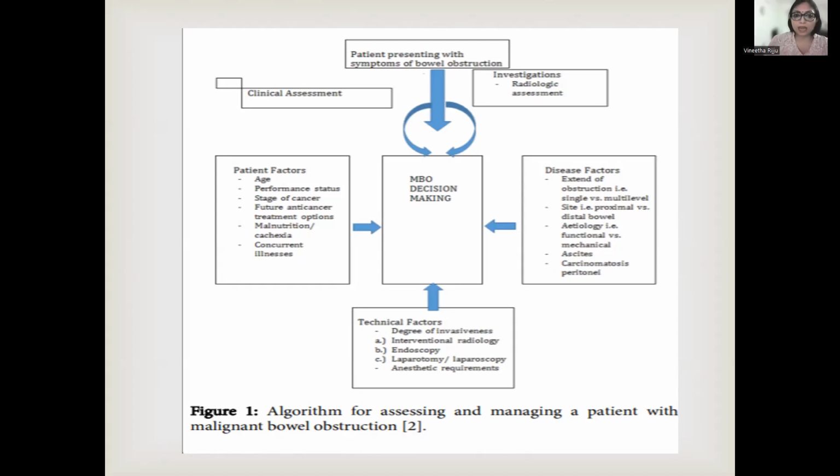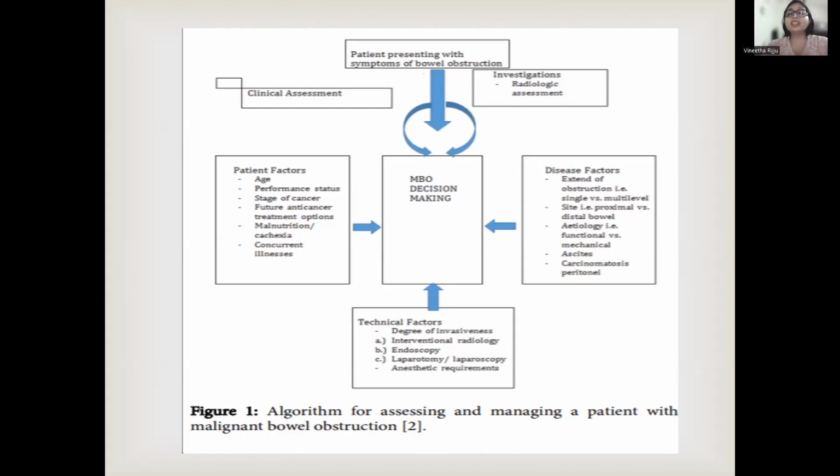Because we know that even when it comes to chemotherapy, there is definitive chemotherapy which intends cure, and then we have palliative chemotherapy, which does not intend cure, but it helps to bring down the burden of the disease. So discuss with the oncologist if there are options for palliative chemo for this patient, or if there are any other surgeries like colostomy, any ostomies that can be done.